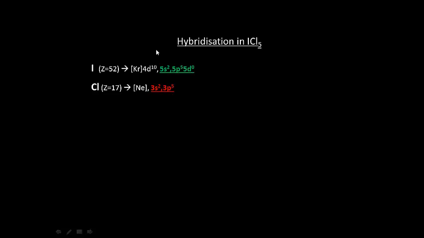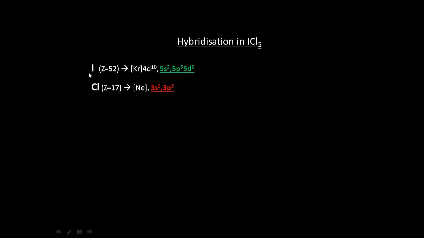If we consider the bonds between iodine and chlorine atoms, which are 5 in number, they are essentially covalent, so there will be sharing of electrons. That means 2 electrons will be shared between chlorine and iodine. Like that, there will be 5 bonds having shared electrons.